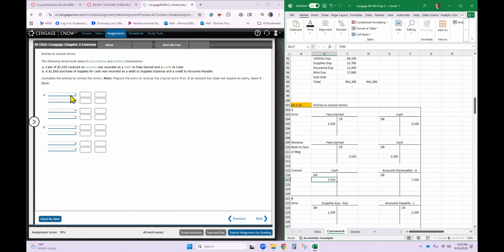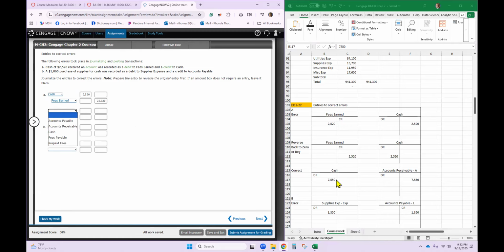So let's go ahead. We have to reverse it. So the reverse is a debit to cash for the amount that we actually credited it, to bring it back to zero. And then we've got to get rid of the fees earned. So that is a complete reversal.